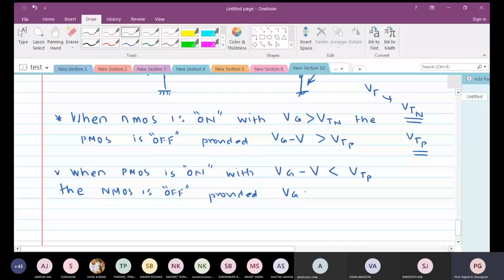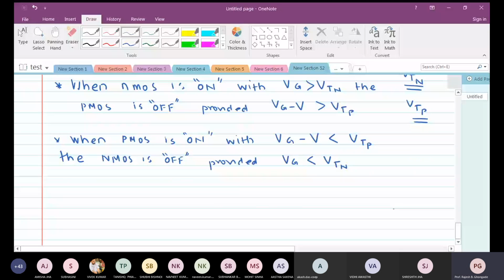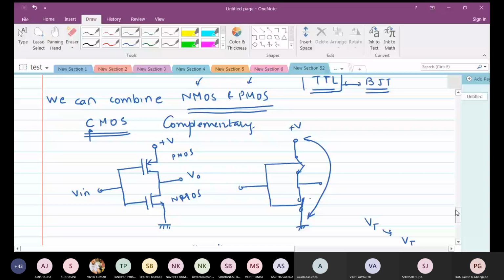This should be simple to understand. So we say that this is a complementary MOS. So this circuit which I have shown is a CMOS inverting gate, and you can very well see its operation.